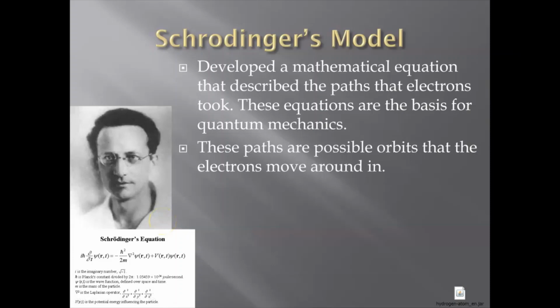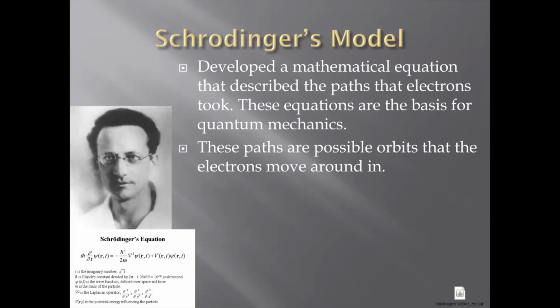Now, for the path that these electrons take, there are possibilities and probabilities of where they will be found. We did look at Bohr's model back in the beginning and in the previous slides for this PowerPoint, and we saw how the electrons are placed into discrete energy levels.